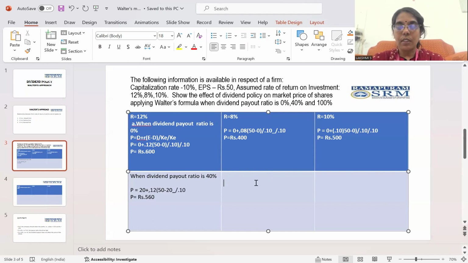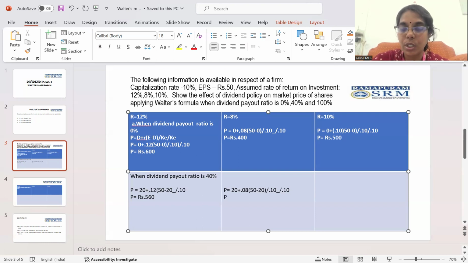Here the dividend payout ratio is the same, 40%. Here P equals the same 20 rupees, plus the rate of return 0.08 into E minus D, that is 50 minus the dividend 20, divided by 0.10, and the overall expression divided by 0.10.